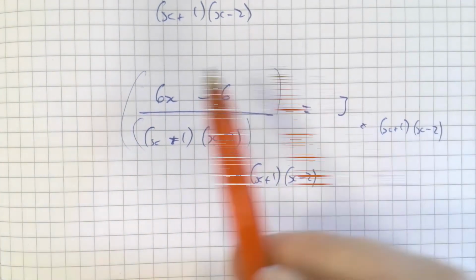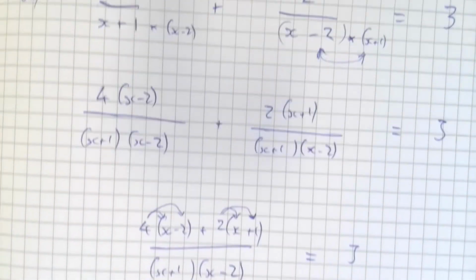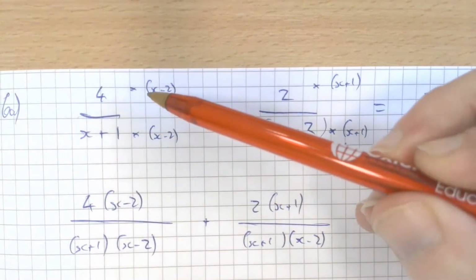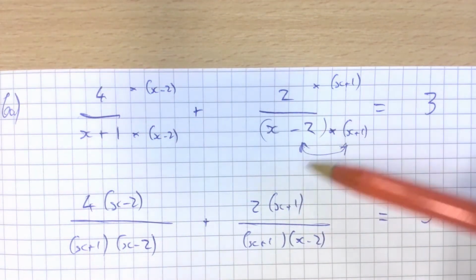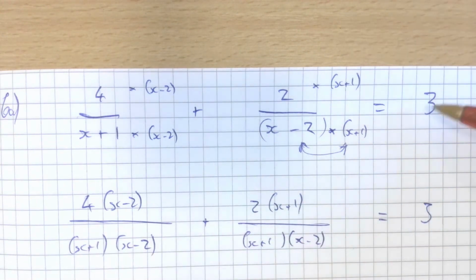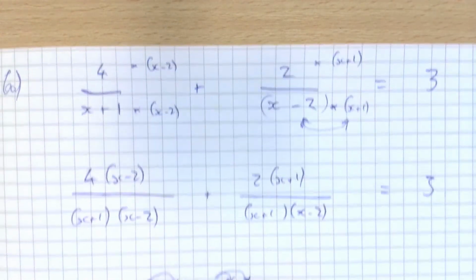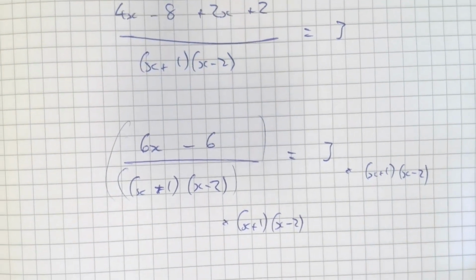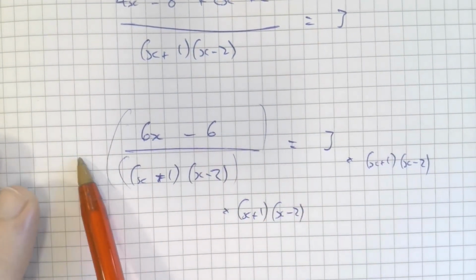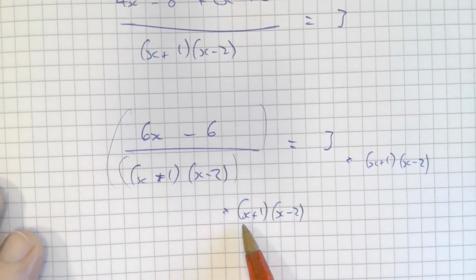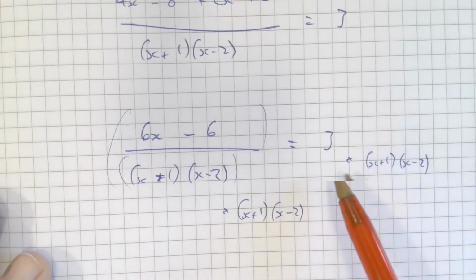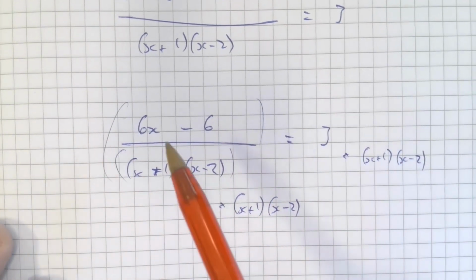You should see that this is different from what we did initially. I was just doing equivalent fractions to find the common denominator here, which is why 3 wasn't multiplied. But down here, because I'm multiplying the entire left-hand side of the equation by this, the other side of the equation needs to be multiplied by the same thing in order to keep things equal.